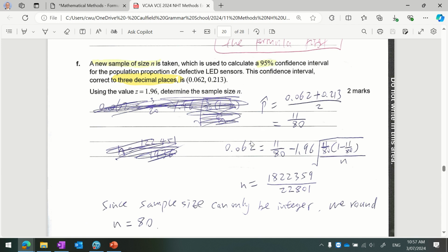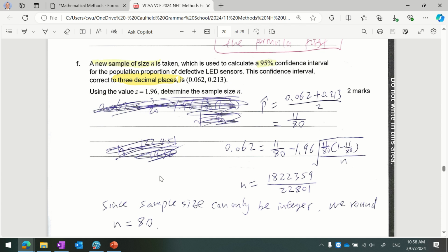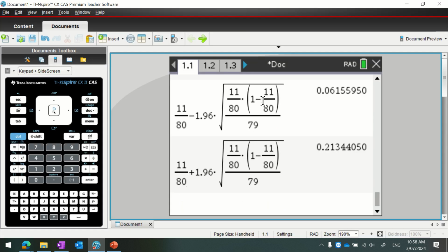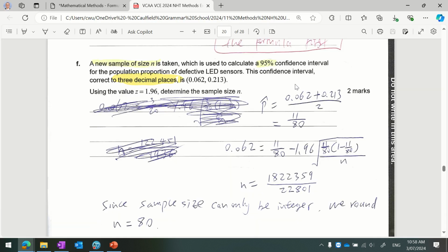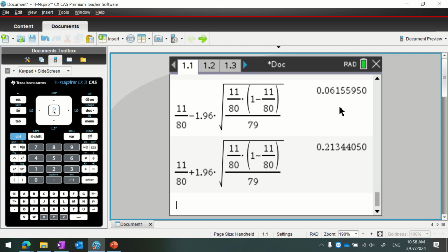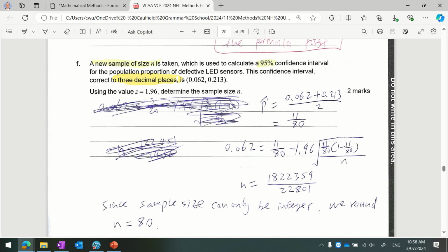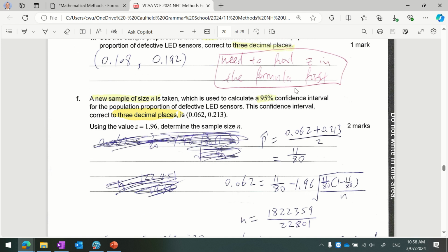So really, if we pick the n value to be 79, we can calculate the 95% confidence interval, and if we round the confidence interval to 3 decimal places, it will also work: 0.062, 0.213. What I mean is, if n is 79, all the requirements of the question are satisfied.